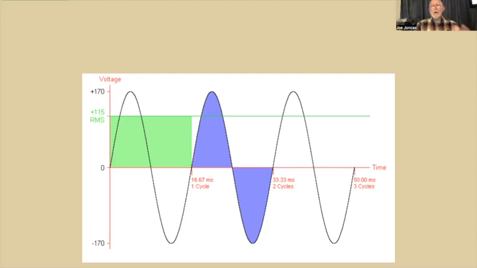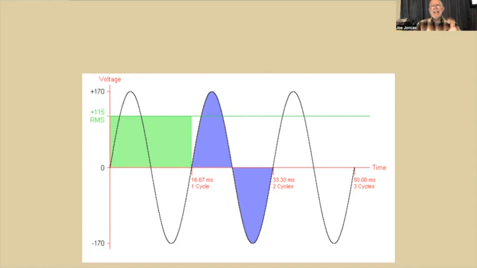Now notice the green area. There they're measuring DC. The green area is the exact equivalent of the purple area. So the amount of power that is generated in the purple area is the same as the amount of power generated in the green area.